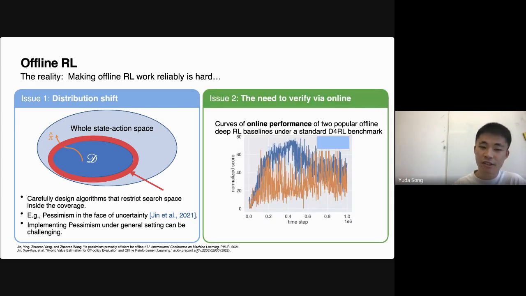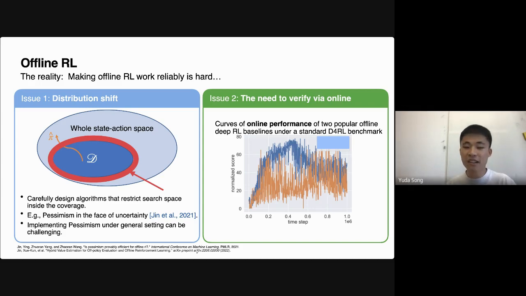The second issue is, to do complete offline RL, the elephant in the room is we actually need to verify the performance online. And here are 2 online performance curves of 2 deep offline RL baselines. And we can see their online performance actually fluctuates a lot.